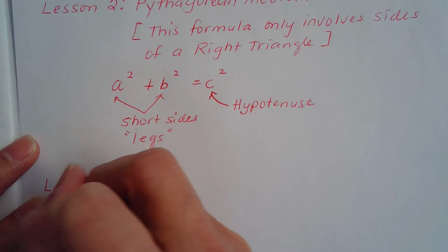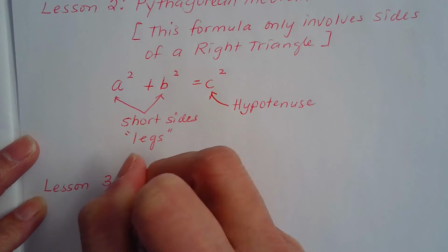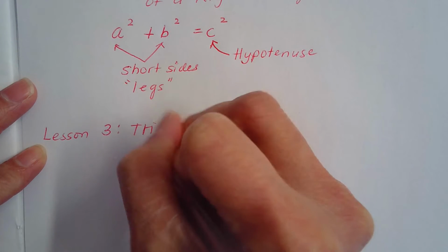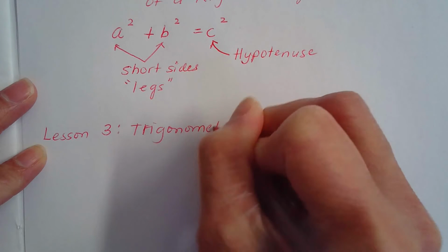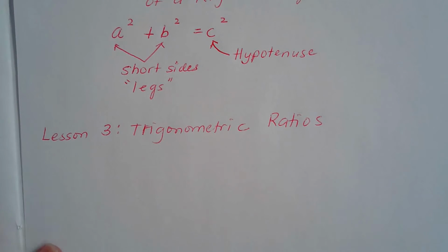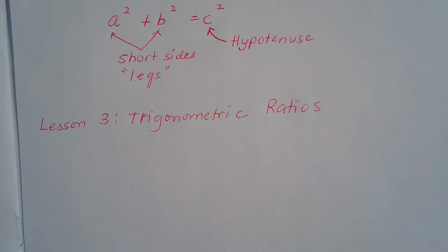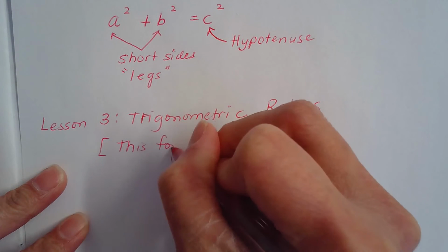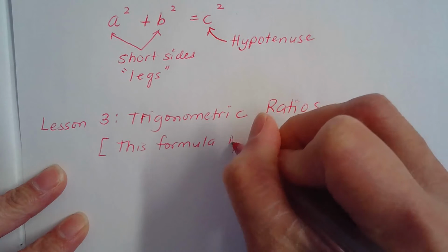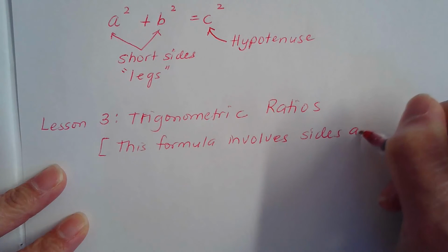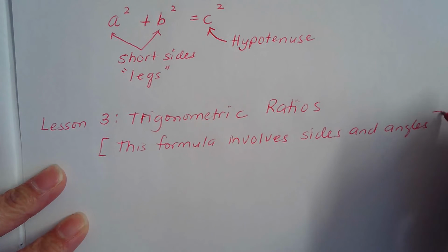And then the last, lesson 3, we use the trigonometric ratios. Now when we get into the trigonometric ratios, the formula involves sides and angles.